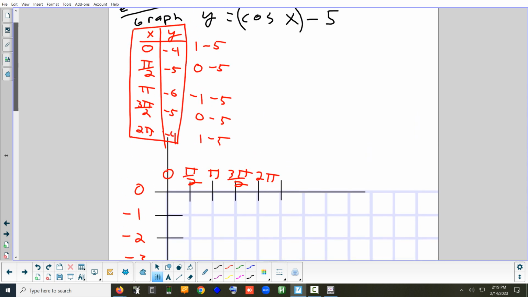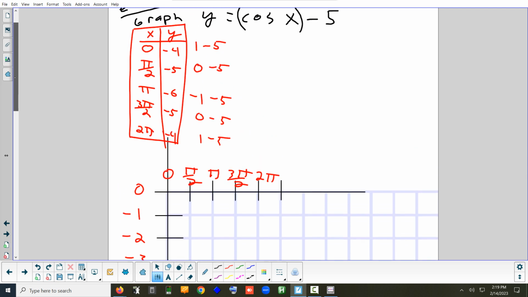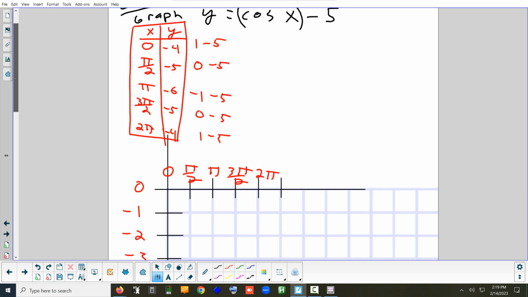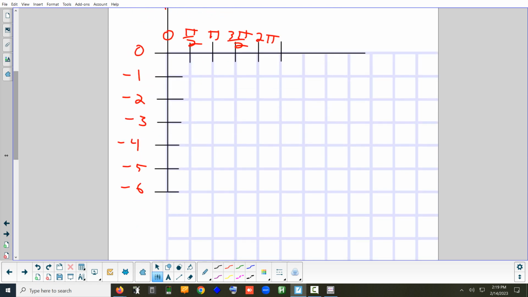So those are my y's. And now plot points. -4, -5, -6, and then come back up. And there's your sketch.